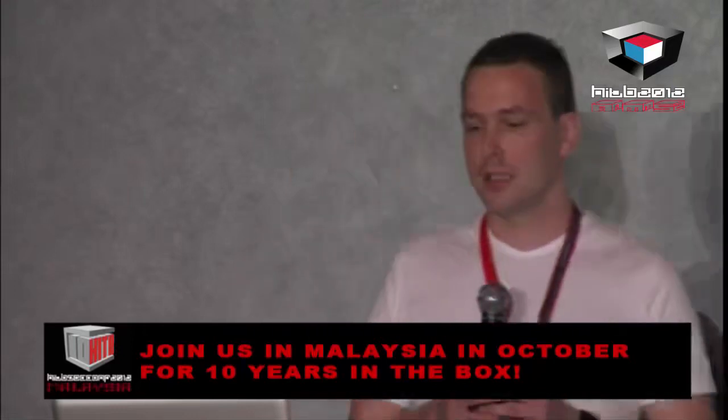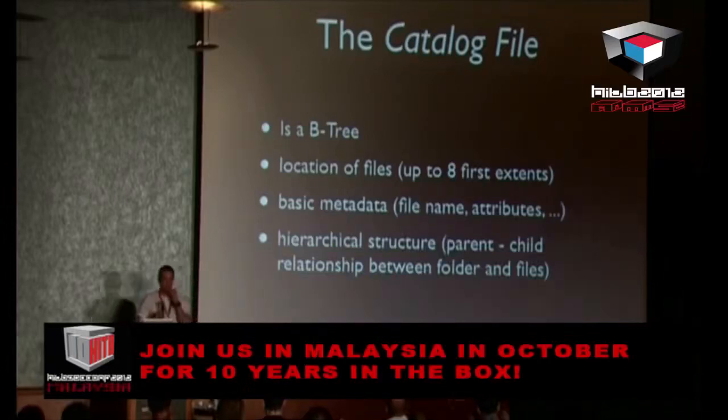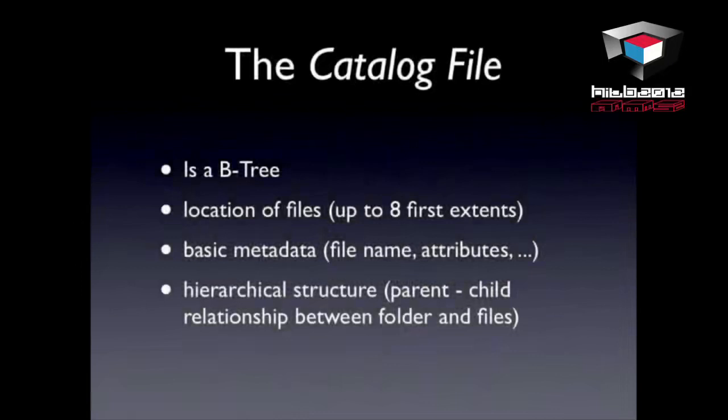There's also the catalog file, which indexes all file names, basic file attributes, and the first 8 extents. An extent is a sequence of consecutive blocks in the file system.